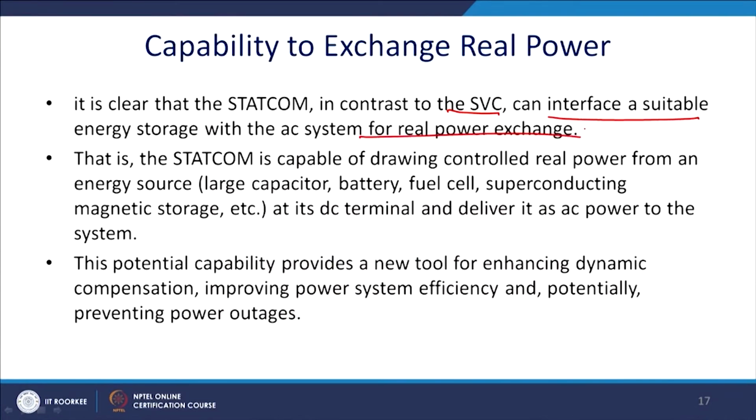That is, the STATCOM is capable of drawing controlled real power from an energy source like a large capacitor, battery, fuel cell, solar cell, or superconducting magnetic storage at its DC terminal, and deliver it as AC power to the system. This potential capability provides a new tool for enhancing dynamic compensation, improves the power system efficiency, and helps prevent power losses, loss of synchronization or catastrophic failure of the power system.